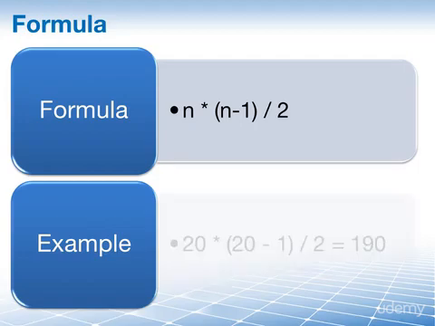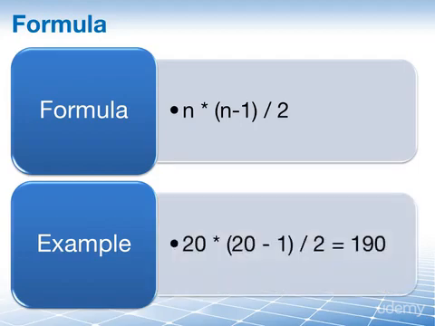Here is what this would look like. So we have 20 times (20 minus 1) divided by 2, which turns out that on a team of 20 people, you have 190 possible communications channels. We will get back to this formula when we plan communications in the next lesson.